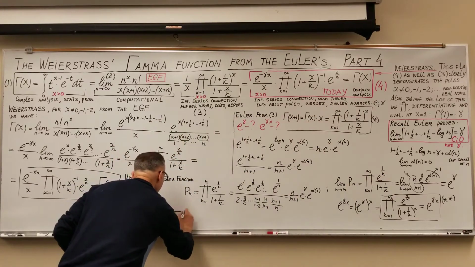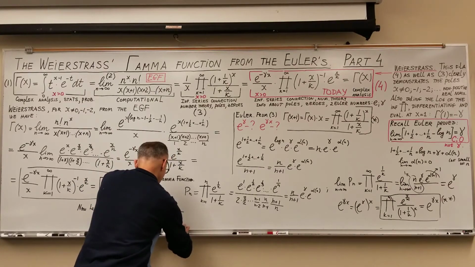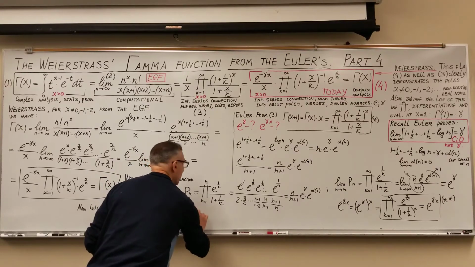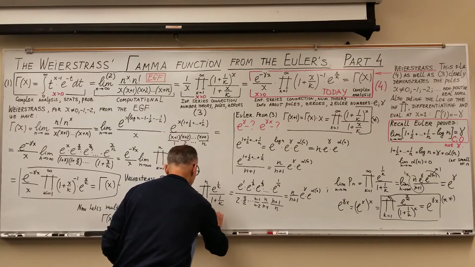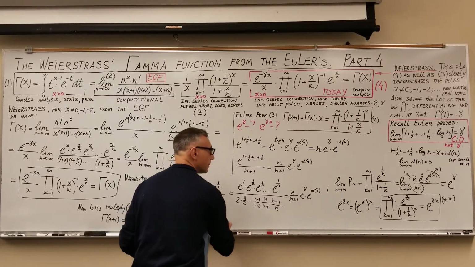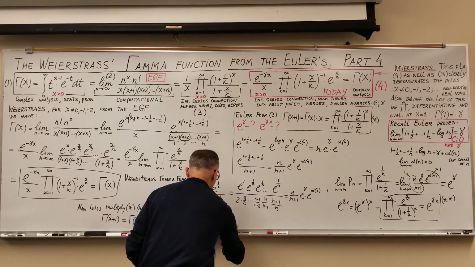So it will be capital pi, and there will be nice simplifications there. K from 1 to infinity, 1 plus 1 over k to the power of x, over 1 plus x over k, multiplied by another infinite product, k runs from 1 to infinity, e to the power x over k, over 1 plus 1 over k to the power of x.